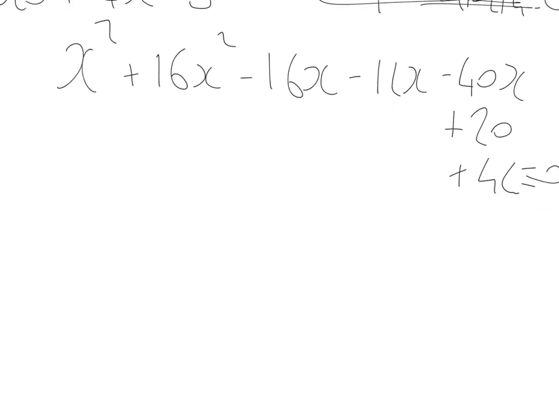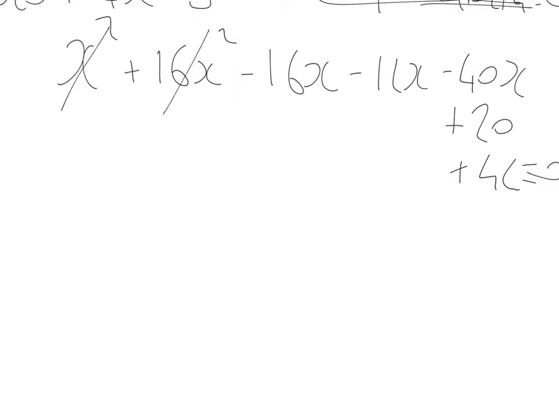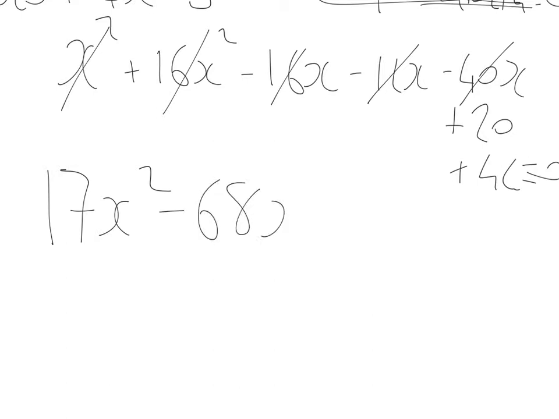Just collect everything together now. So that's 17x squared minus 16x minus 12x is minus 28x minus 40x is minus 68x, 44 is 64, and that's equal to 0.